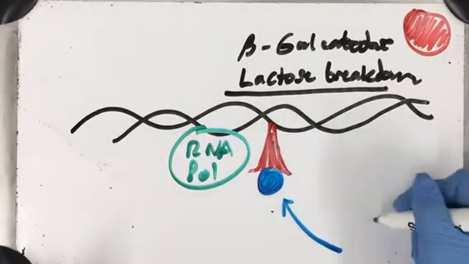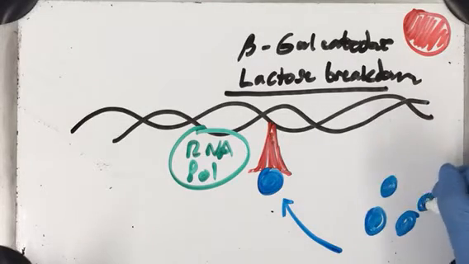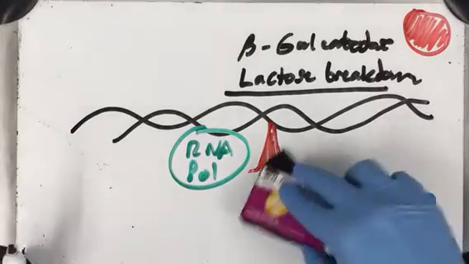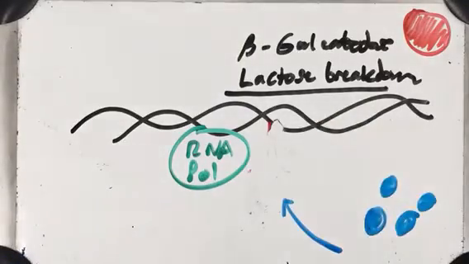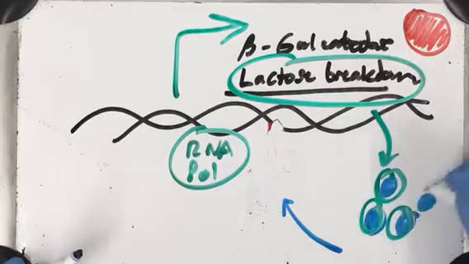And lactose will only show up if the bacteria is in the presence of lactose. Otherwise, this gene stays off. But in the presence of lactose, we get rid of the repressor, and now we have mRNA for the lactose breakdown enzyme that's going to go and gobble up all this lactose.